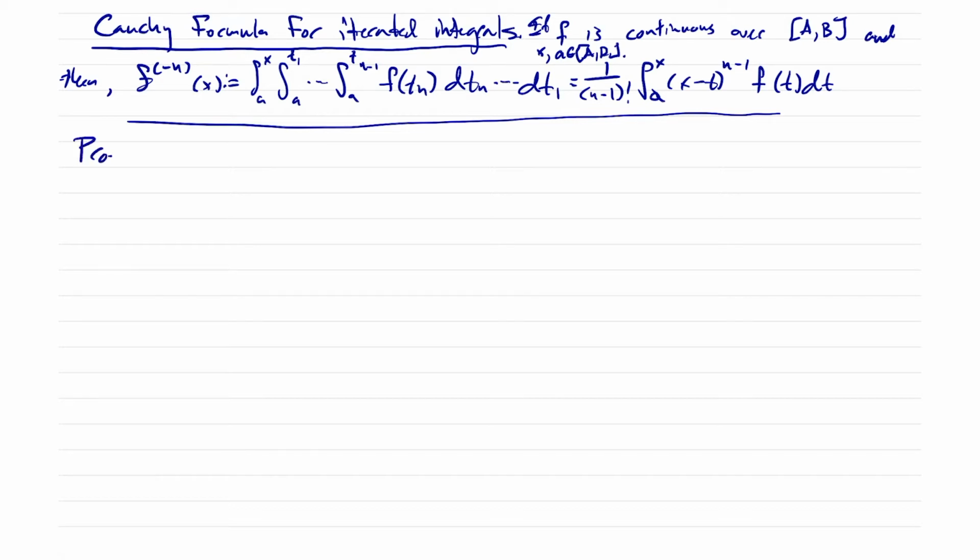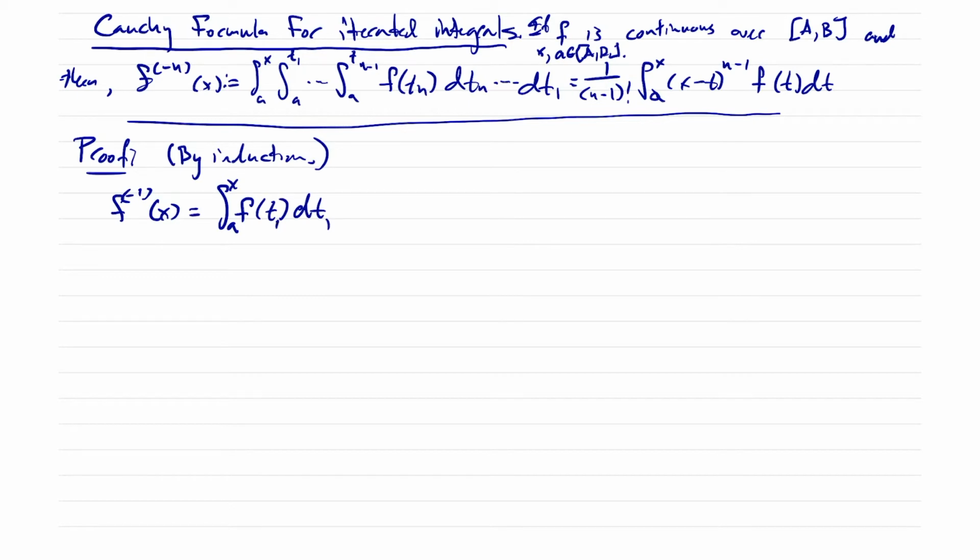So, proof by induction. We're going to start with f^(-1)(x), and we know that this is just the integral from a to x of f(t) dt, or f(t1) dt1 if you like.